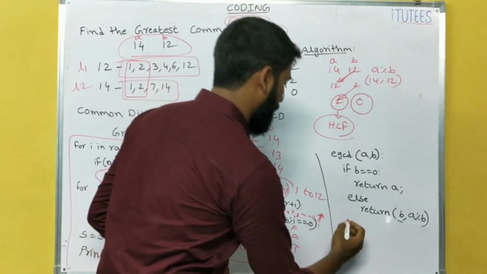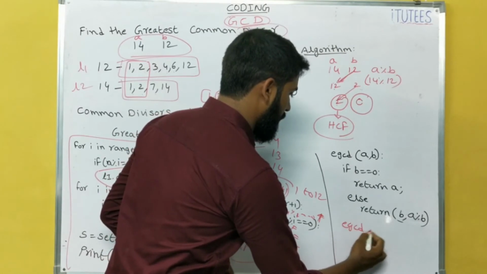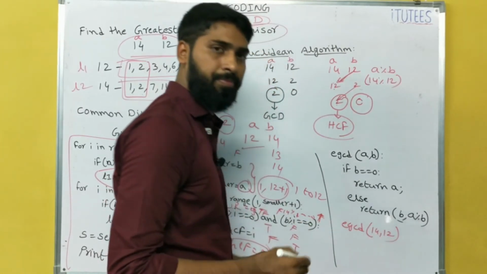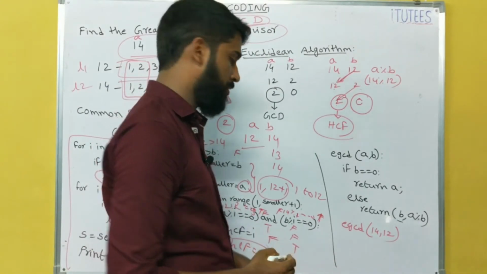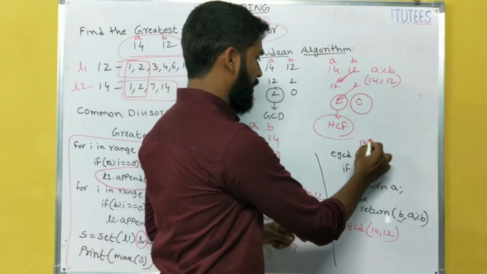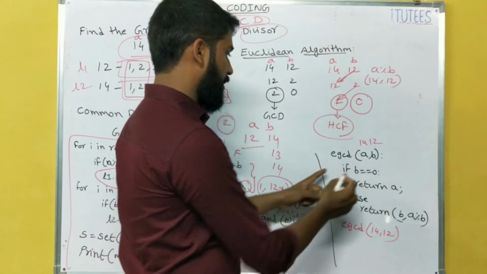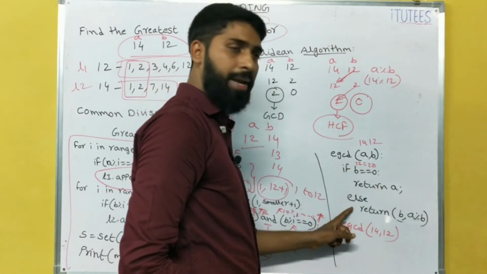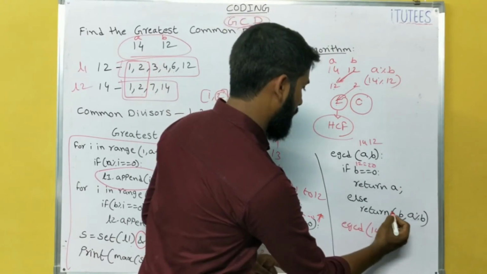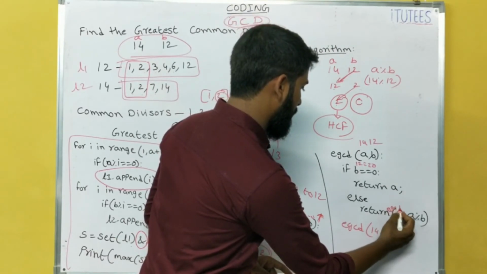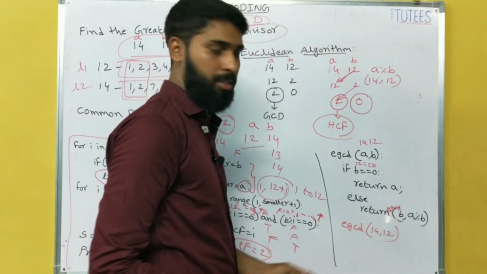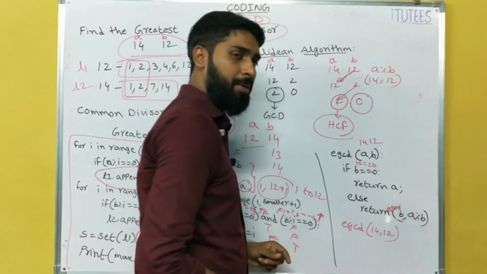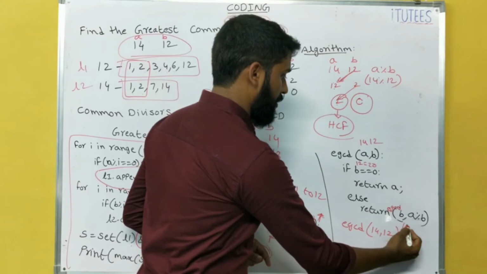For example, I am calling EGCD with 14 comma 12. Is b equal to 0? No, so go to the else part, which is the function call EGCD b comma a percentage b. What is the b value? 12.